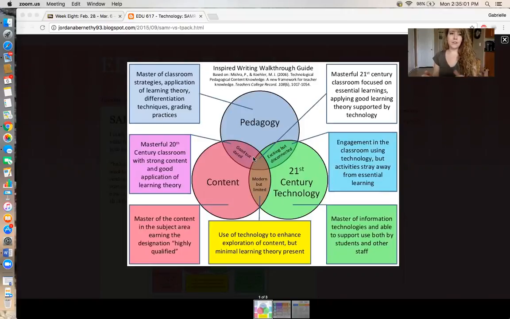And you can use different resources, different tactics and strategies, the pedagogy part, in order to further their understanding of the material. And by also using a lot of different types of technology resources, you're allowing the students to further understand what you're talking about and also become skilled in technology usage.